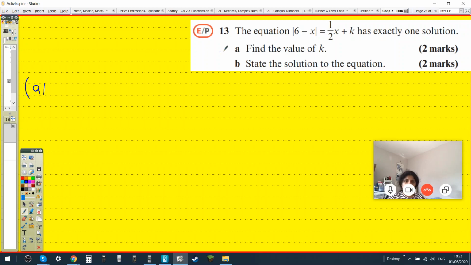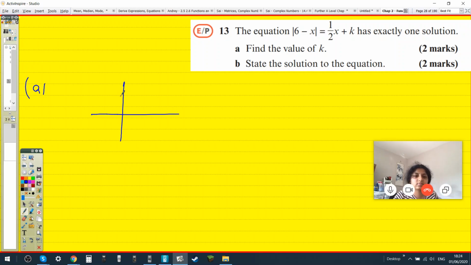What would this look like if you were to graph it? Modulus 6 minus x. Yeah, it's a modulus function with a corner at 6, 0, and the y-intercept is also 6.